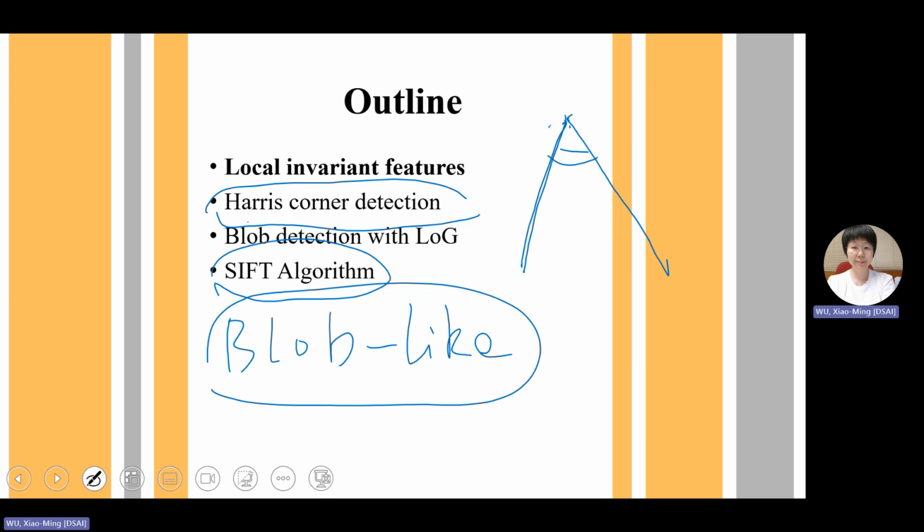So similarly here, we are going to apply image gradients or derivatives to identify corners. Corners are more complex than edges because corners involve two edges.